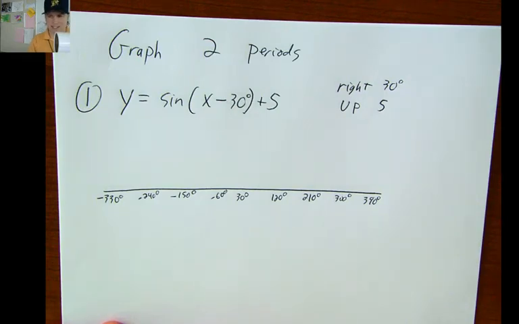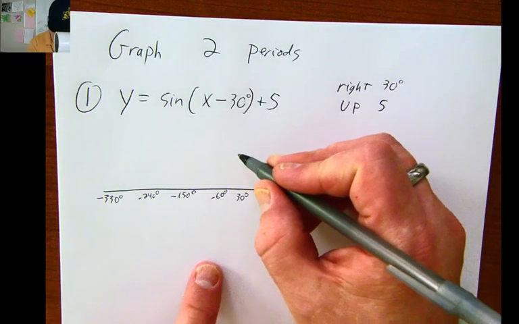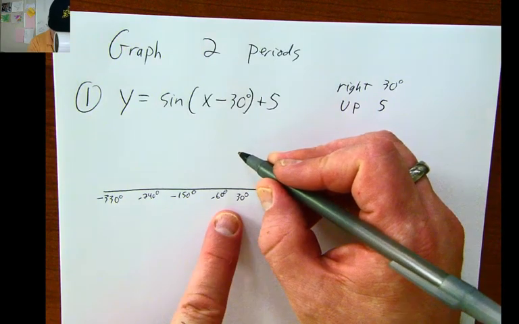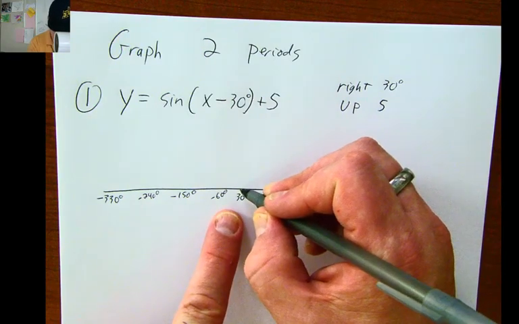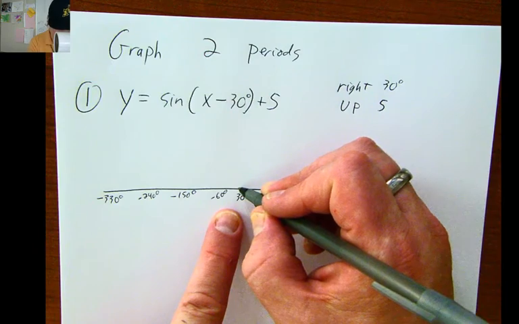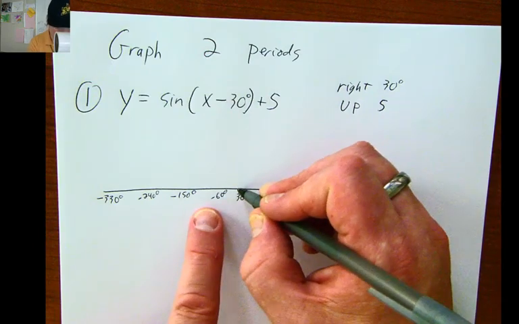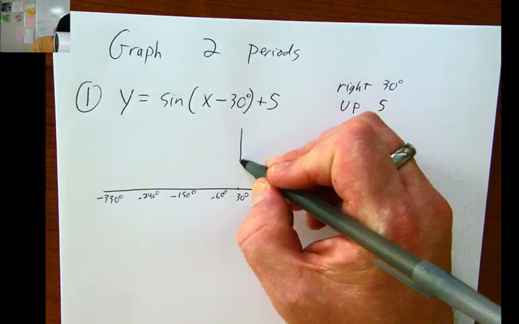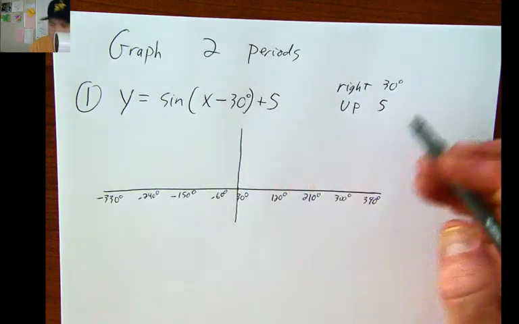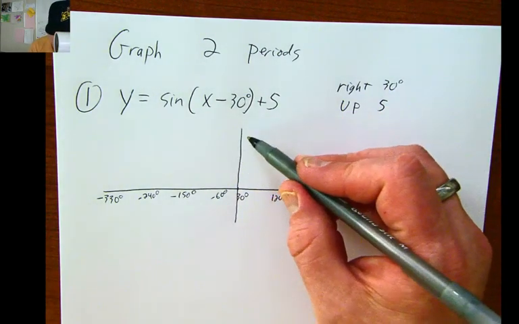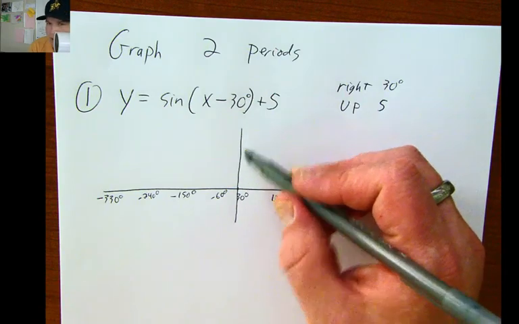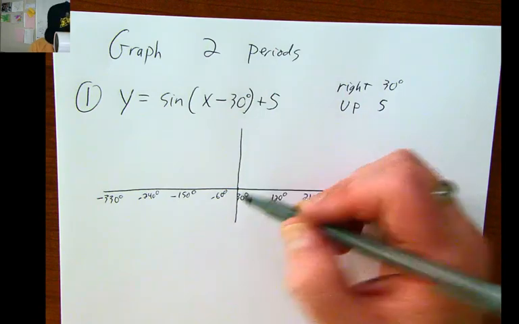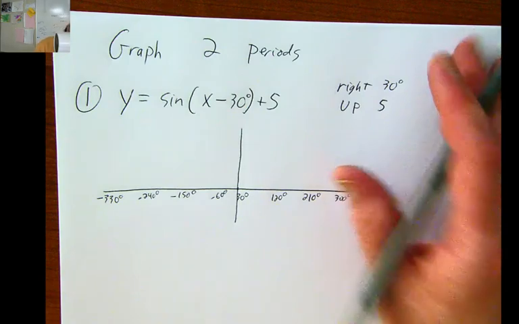Technically, the y-axis should go where it should be, at 0. And if this is 30 and this is negative 60, 0 is approximately there. So I'm going to put my y-axis there. But if you want to put your y-axis straight through your middle point, I'm okay with that too.